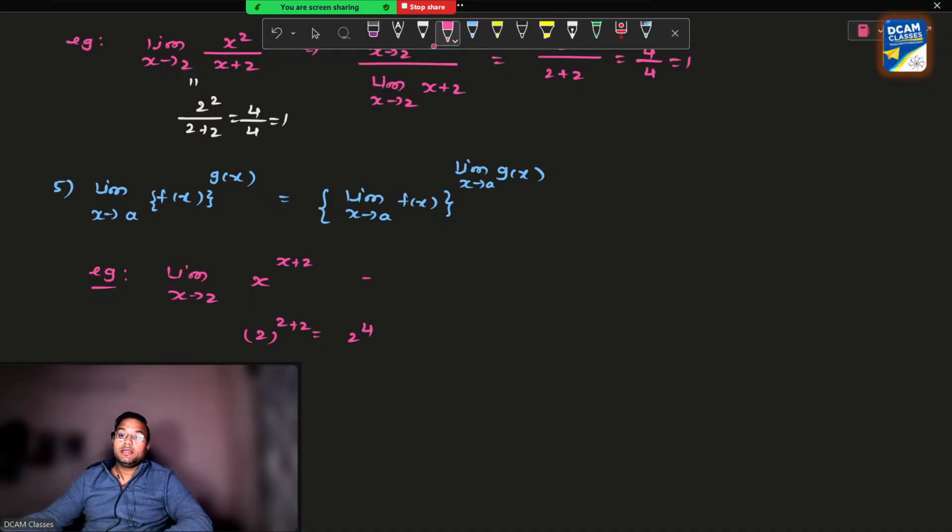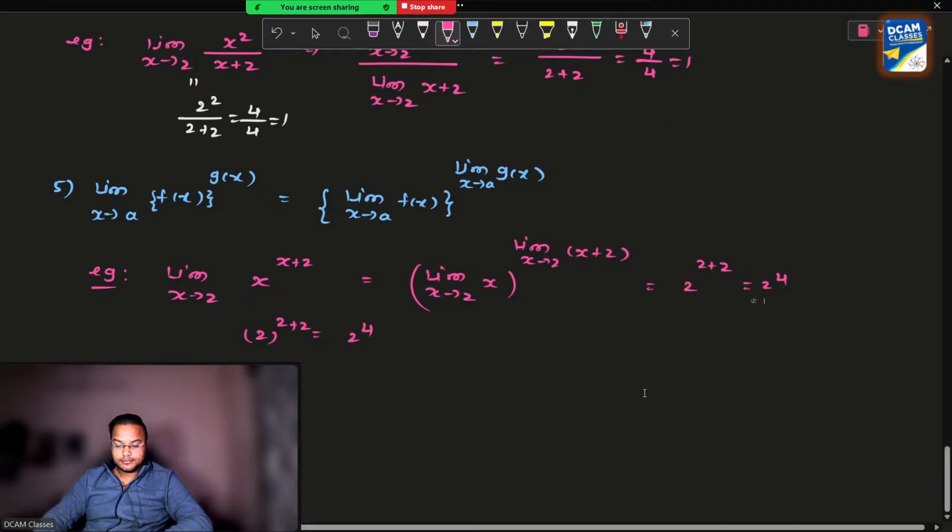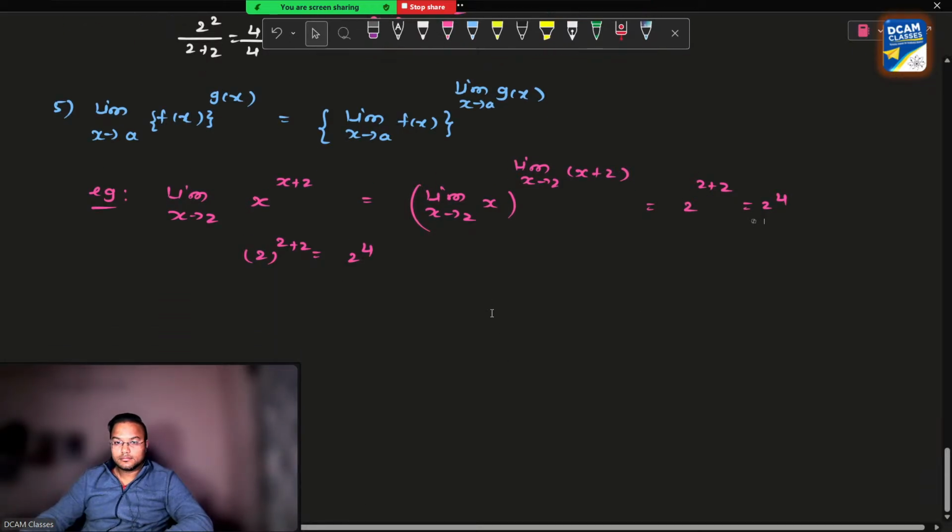Now if we apply the limit to each one, limit x tending to 2 of x whole power limit x tending to 2 of x plus 2, it will be 2 power 2 plus 2, it's 2 power 4. Easy.